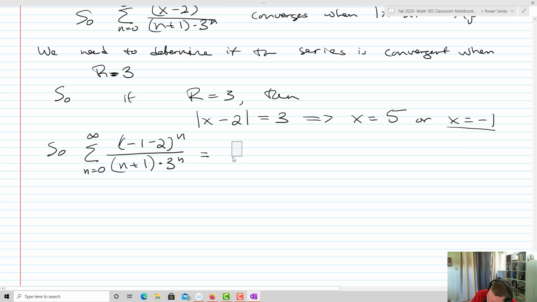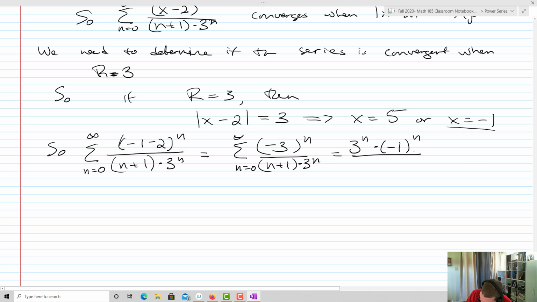This is going to be the sum of (negative 3)^n divided by (n plus 1) times 3^n, which equals 3^n times (negative 1)^n divided by (n plus 1) times 3^n, which is just going to equal the sum from n equals 0 to infinity of (negative 1)^n over (n plus 1).